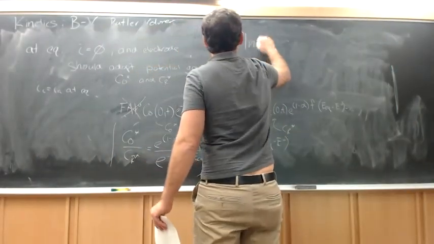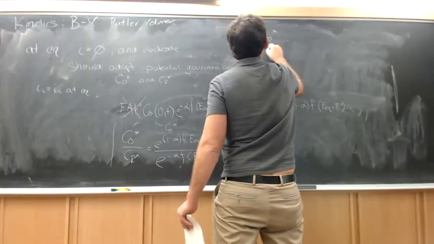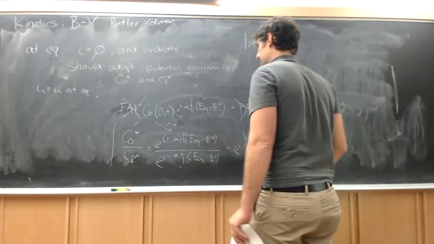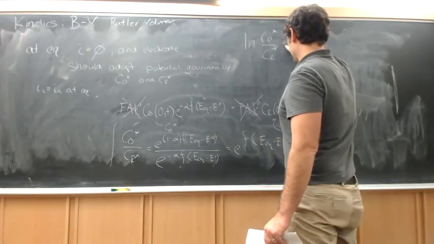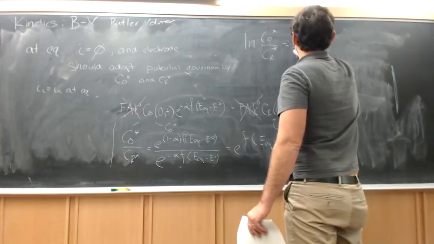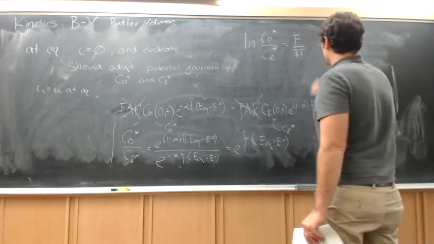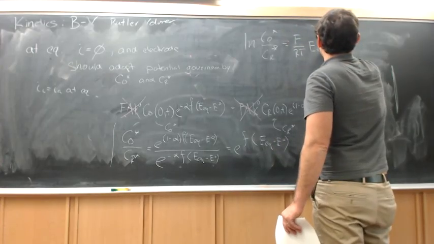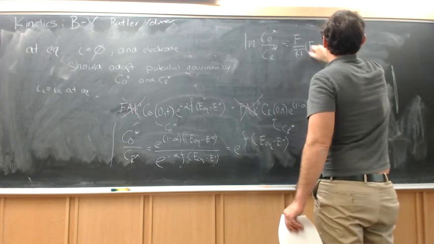I can see that by just taking the natural log of both sides. So I have ln of C_O star over C_R star, and the natural log of that side is big F over RT times (E_eq minus E naught).